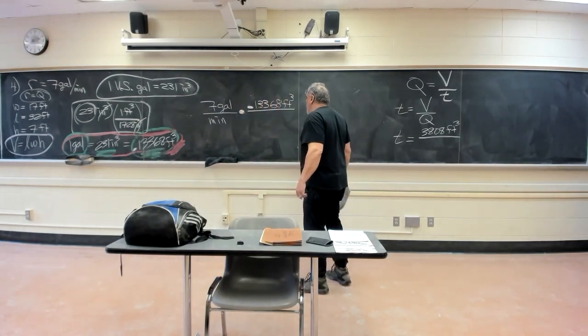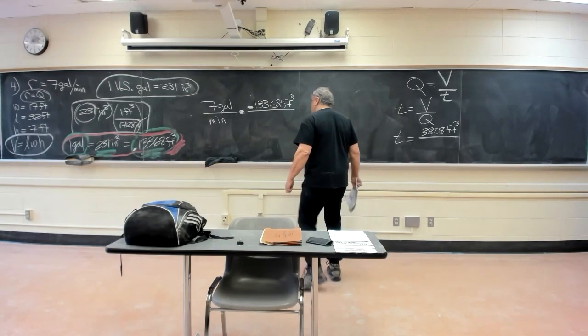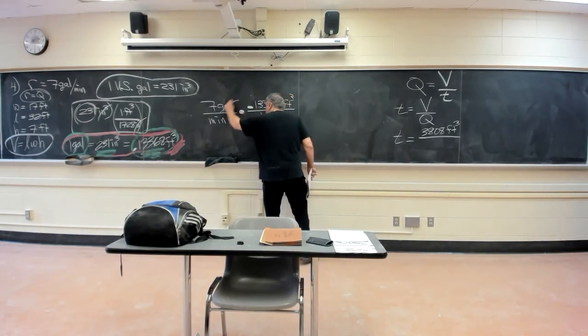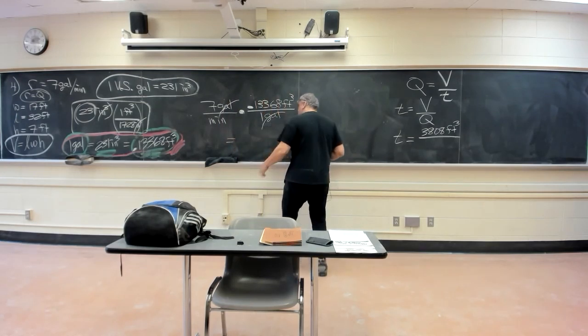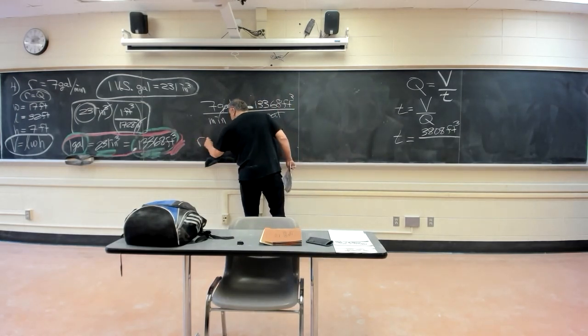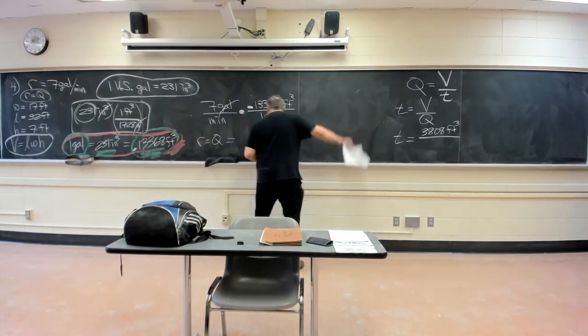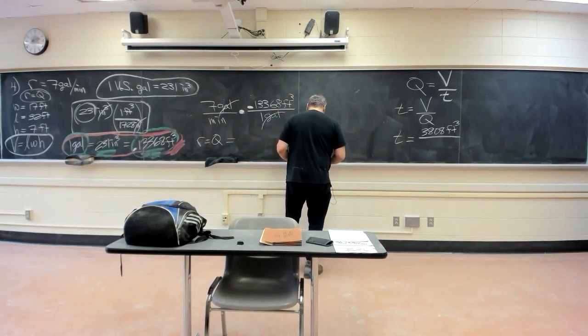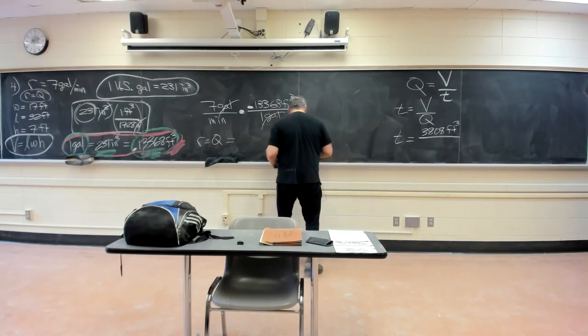We got 0.13368 feet cubed equals 1 gallon, per gallon. You know where I'm going with this. They cancel. At the end of the day, the R being equal to the Q that I have way over there is going to be this multiplication. And it comes out to, as we said, 0.9358.